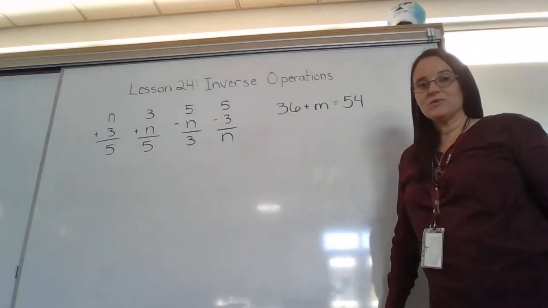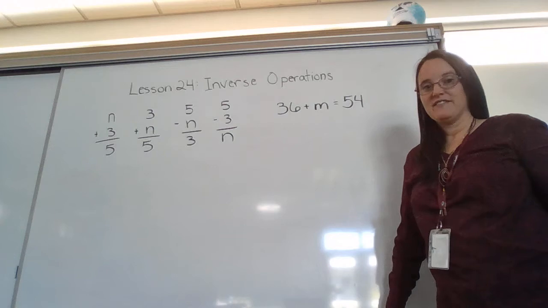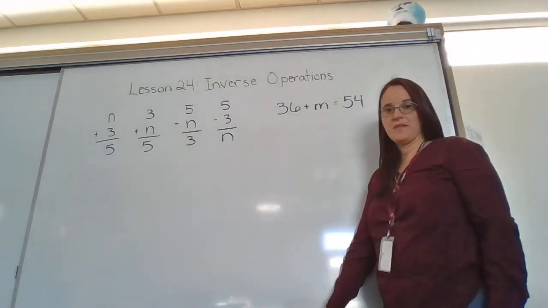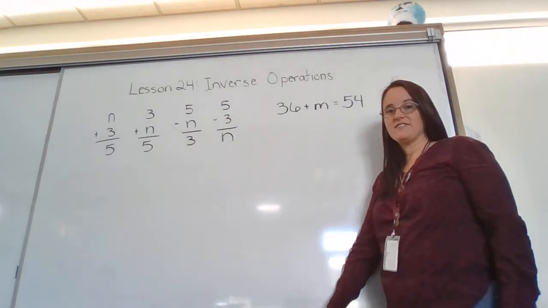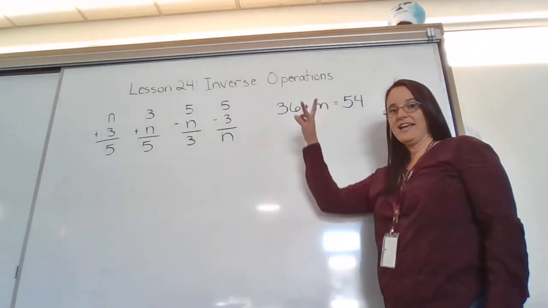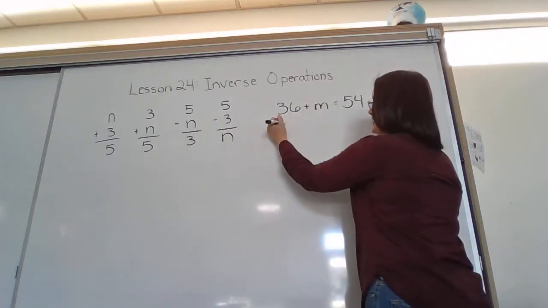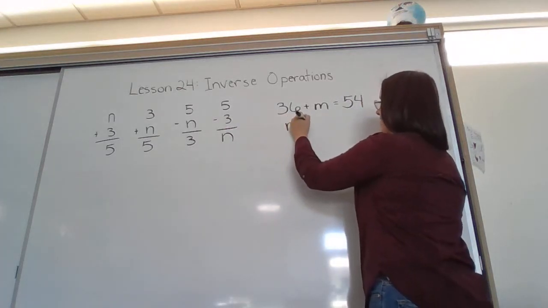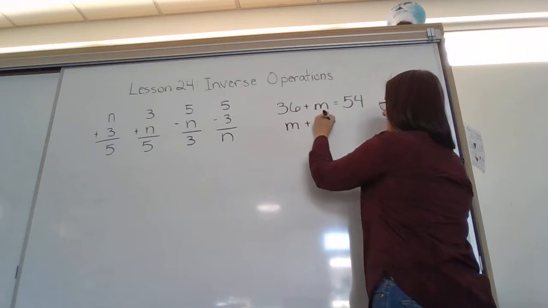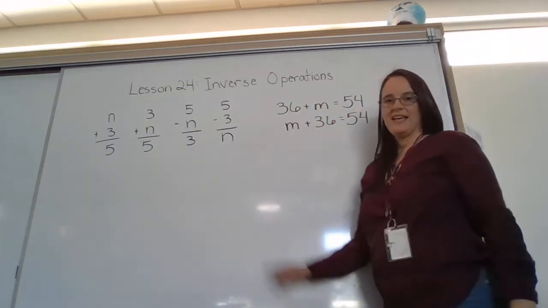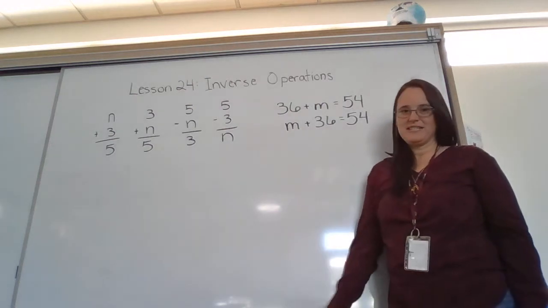So I'm going to use my knowledge of fact families. I'm going to say, okay, this is an addition problem. I know when I have a fact family with addition, I can just flip-flop my 2 addends. So instead of 36 plus m, I can have m plus 36 equals 54. That one still doesn't help me solve m.